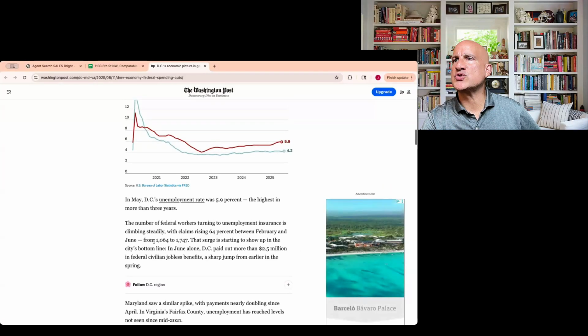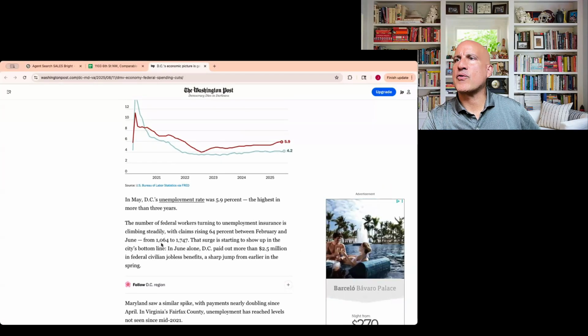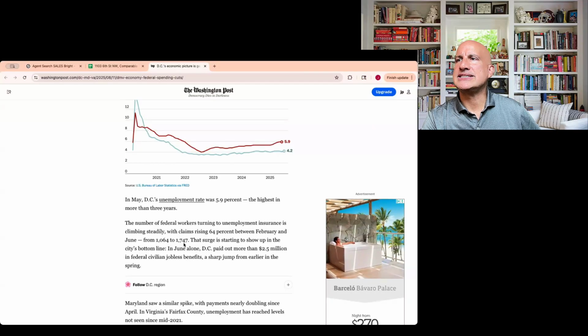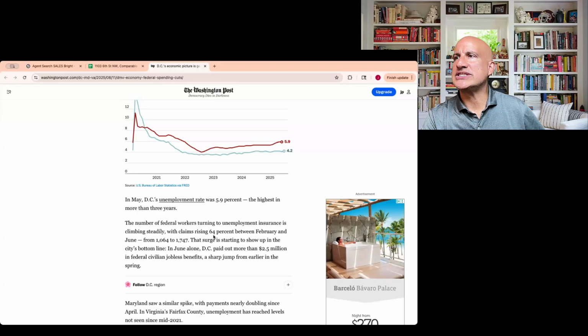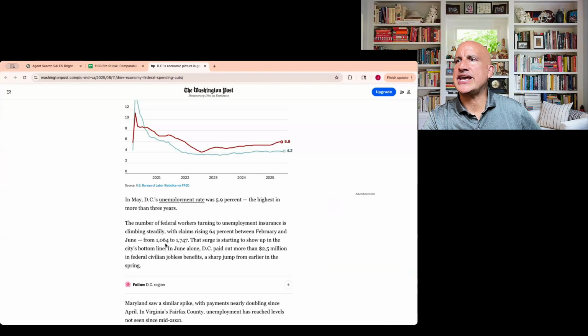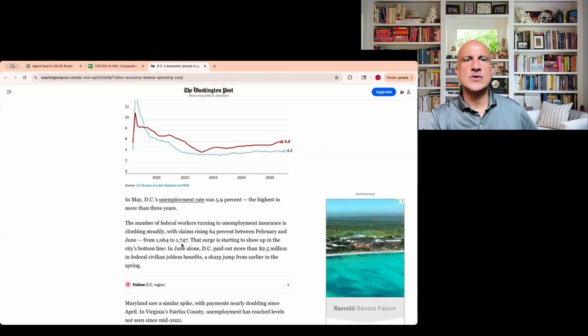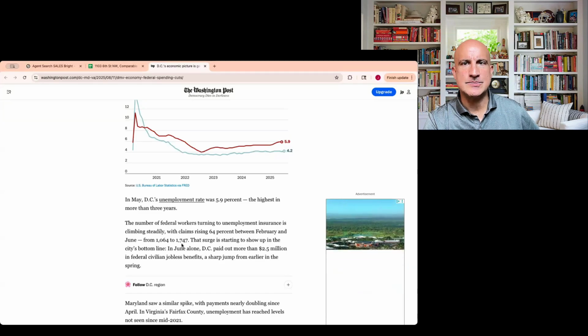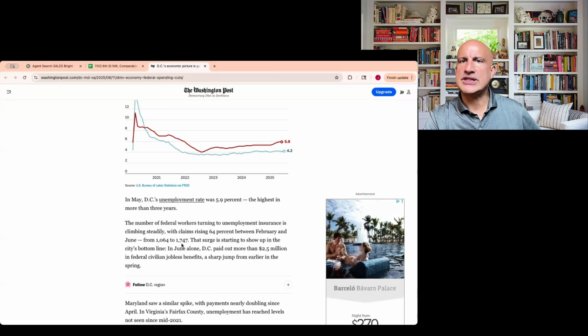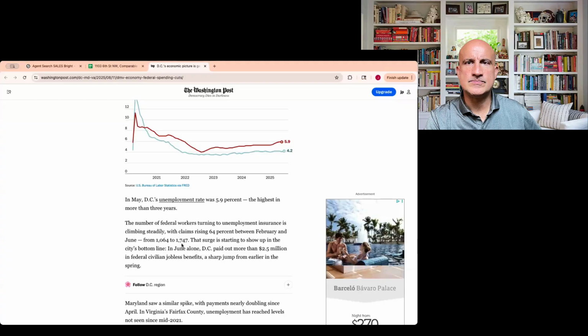I also thought this was interesting: unemployment claims rose 64%, from 1,064 to 1,747, between February and June. That's roughly 700 claims. From an aggregate perspective, 700 claims is not a lot.